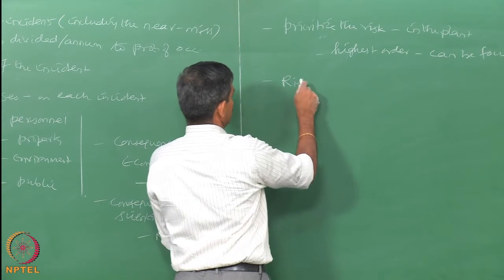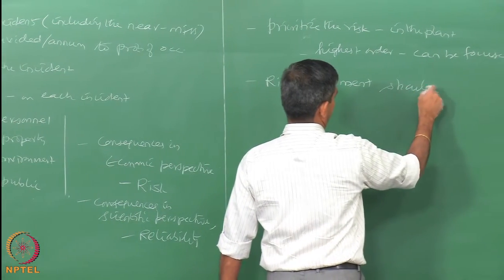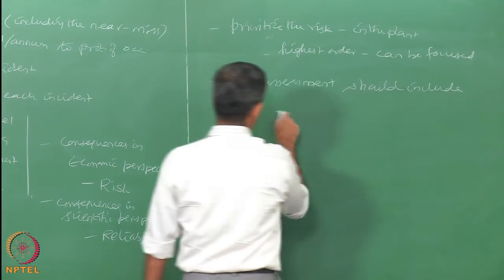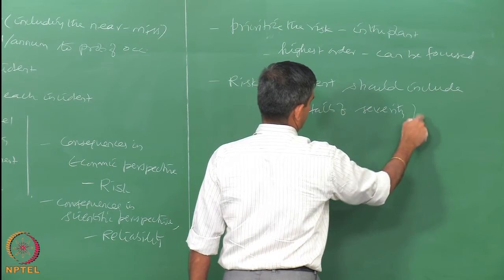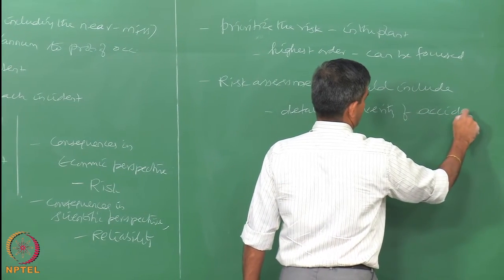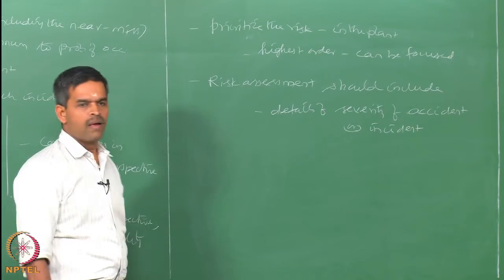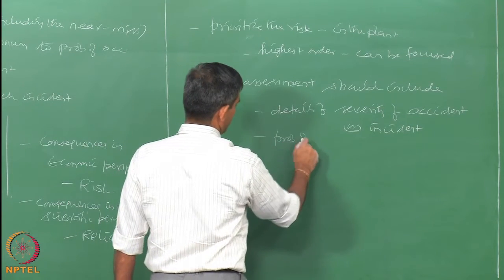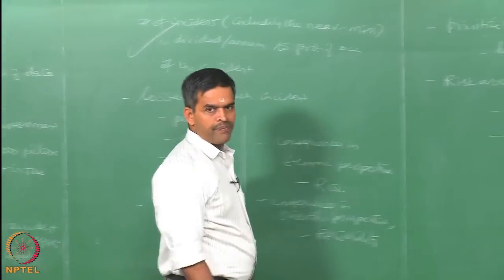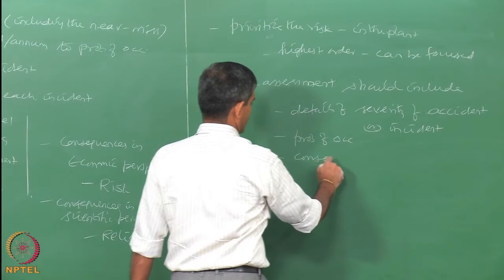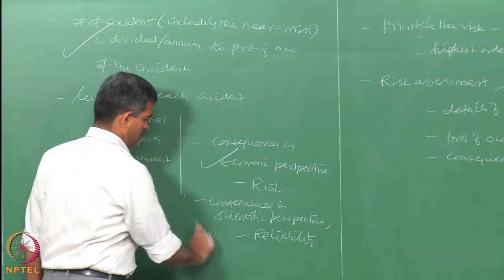So, risk assessment should include details of severity of the accident or incident, whatever may be the case, does not matter. Probability of occurrence, which we found out from here, and consequence, which we can find out either in this angle or in this angle.